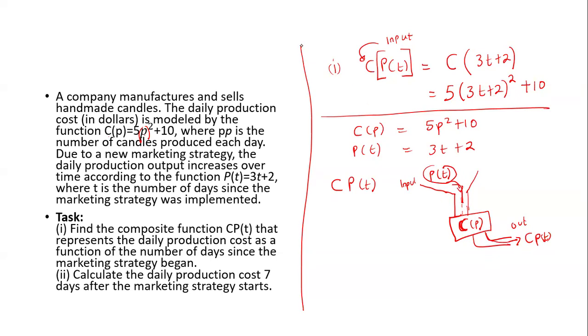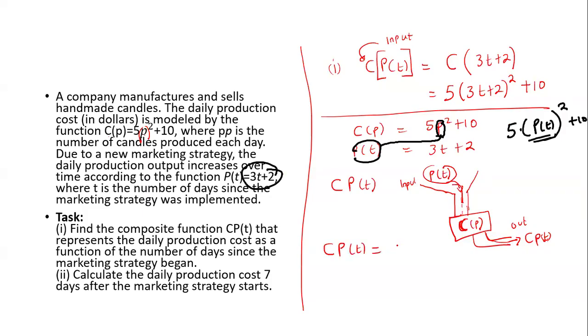Now, for here, we have P of T. This P of T, we are going to replace it where there is P. But this P is squared. So the whole of our function, we are going to have 5 times P of T, but everything squared, then plus 10. But where there is P of T, we are going to put 3T plus 2. So we shall say that C(P(T)) will equal C. But what is P of T?